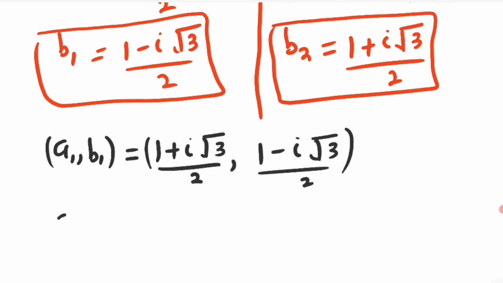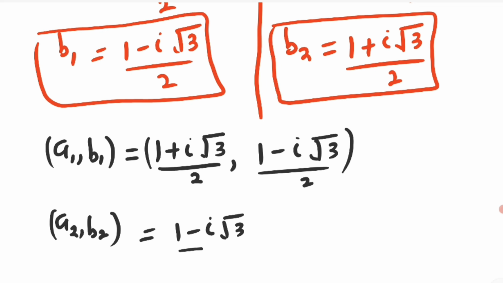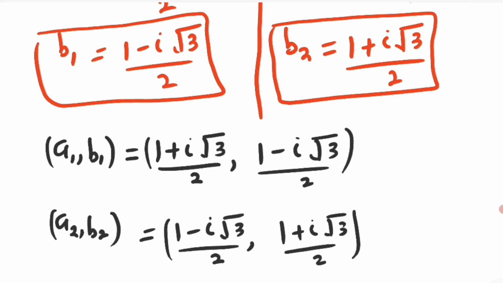Also, A2, B2 is equal to 1 minus I root 3 over 2, 1 plus I root 3 over 2. Then here, you can see that the value of A1 is equal to the value of B2, and the value of B1 is equal to the value of A2. Then we may check to confirm if this answer is right or wrong.